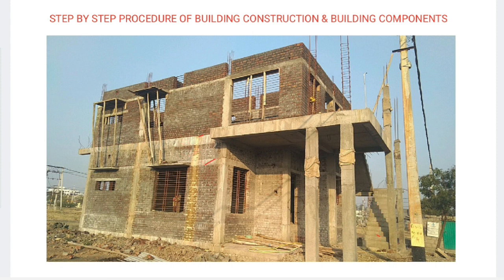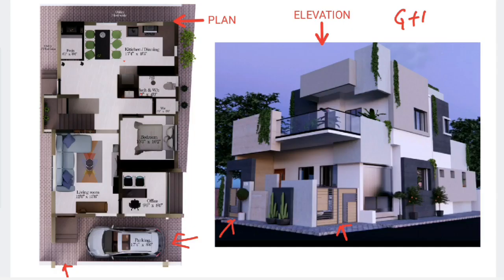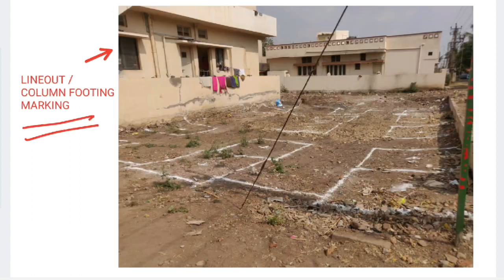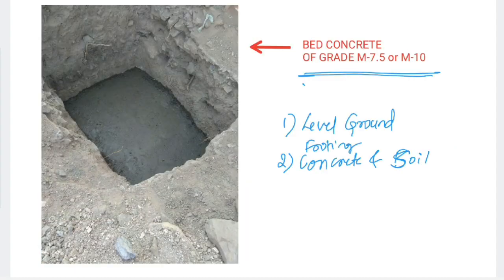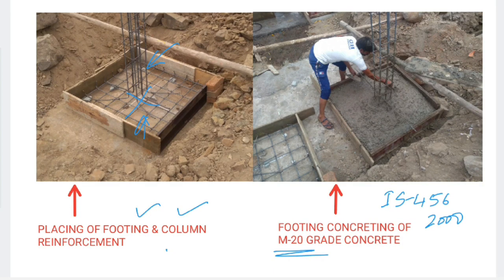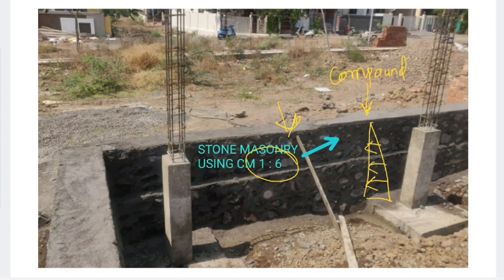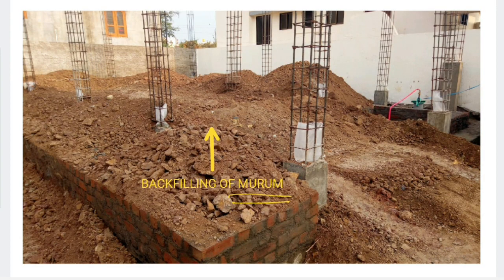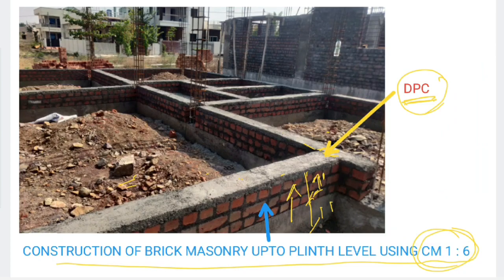In the first video, we treat this as part 1. In this video we have discussed the plan, elevation, structural drawings, column layout, excavation, bed concrete, footing reinforcement as well as concrete, column casting, stone masonry, backfilling, ground beam, and the plinth and DPC.